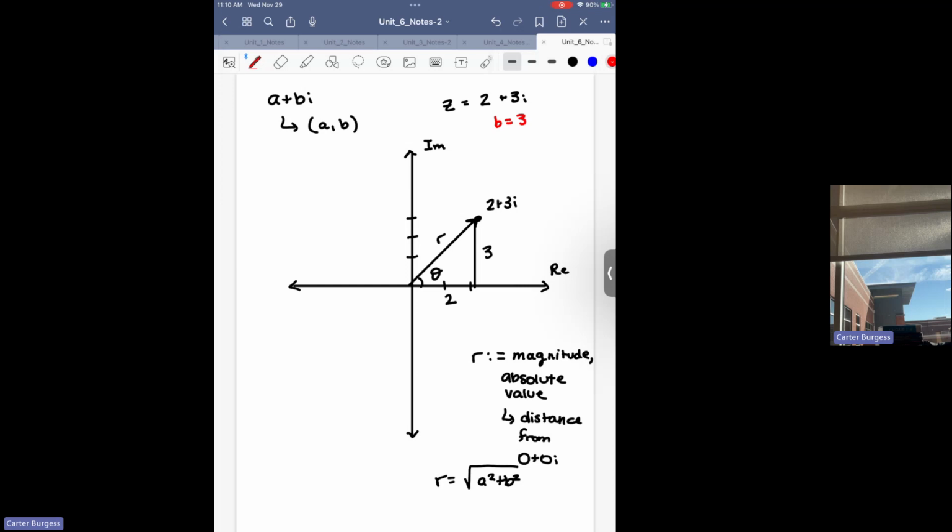Yeah, basically. And then what would the value of b be? Yeah, exactly.